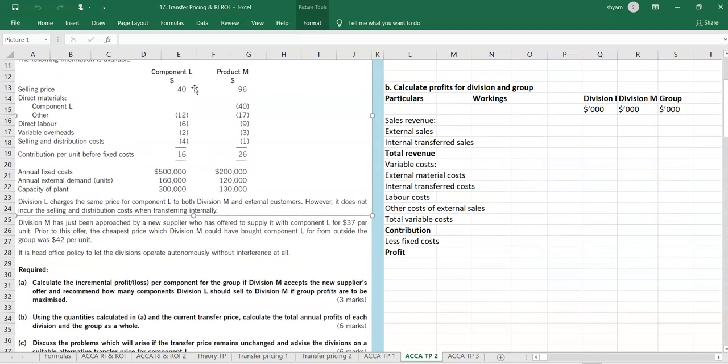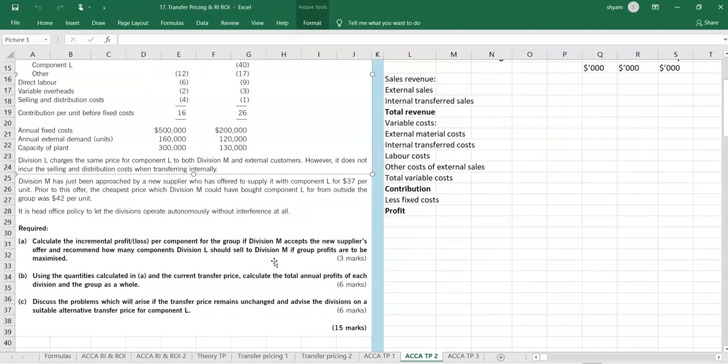Division M is purchasing from division L at a price of 40, but now someone new is selling at 37, which is a much better rate for division M. Prior to this offer, the cheapest price at which division M could have bought component L from outside the group was $42. So earlier the price available was 42, but now it is 37, which looks much cheaper. It is head office policy to let the divisions operate autonomously without interference at all.